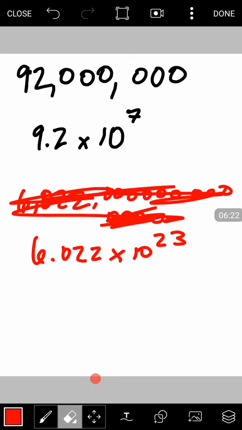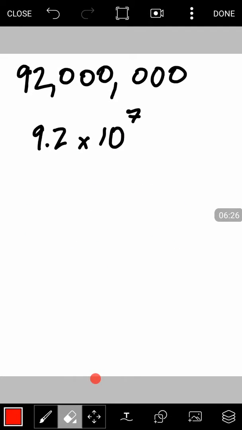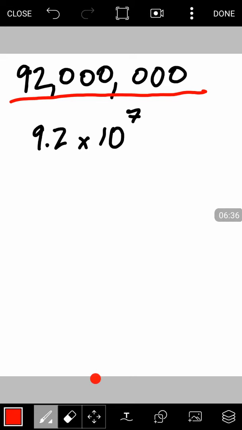Okay, so let's look at the example for the distance between here and the sun. Looking at the original number here, you're going to find what the decimal place is. The decimal place right now is behind the 1 spot. We're going to move it so that there's only one significant number in front of that decimal. Hopefully you know what significant figures are.